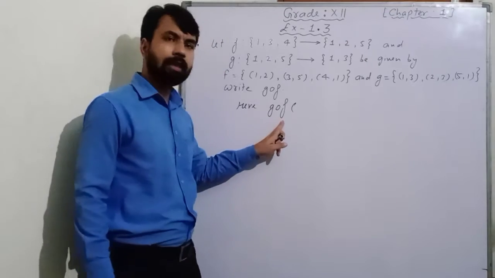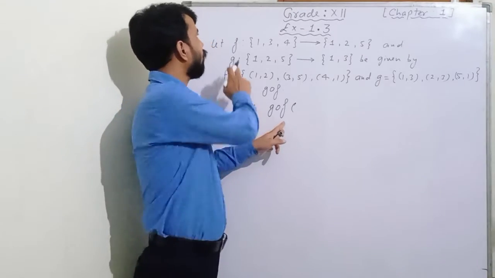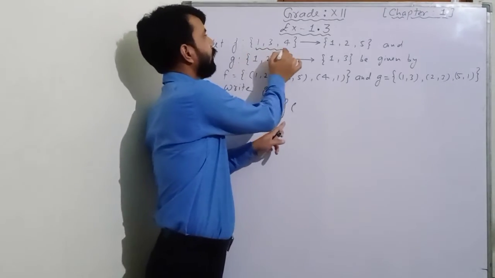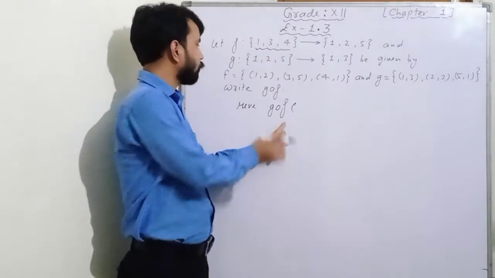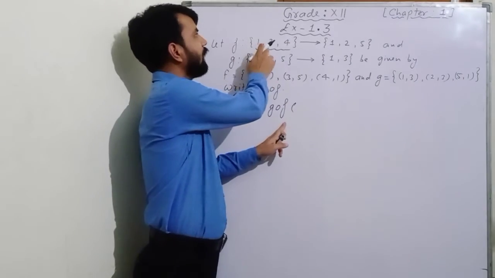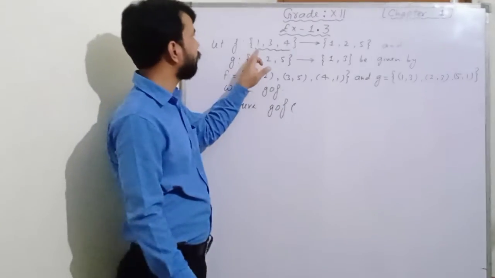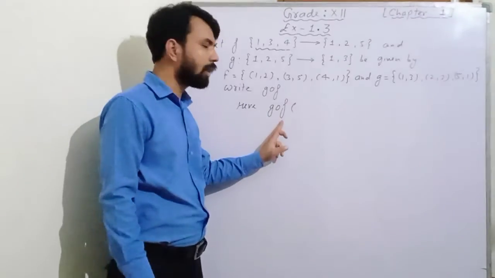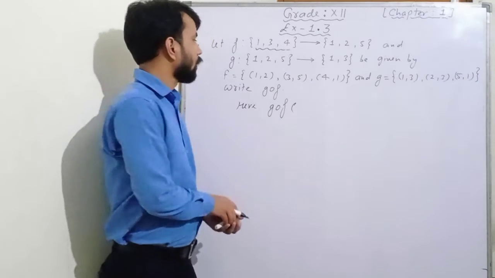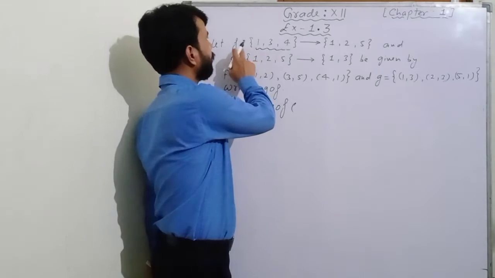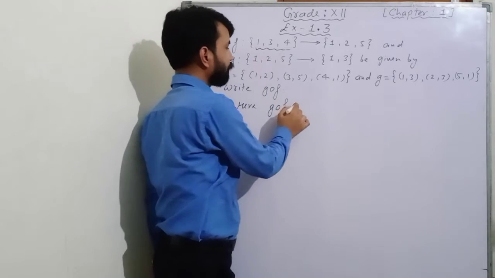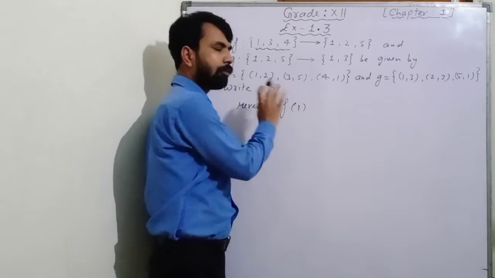The last function is f and the domain of f is 1, 3, 4. So we have to find GOF for every element of f because f is the last function. The very first element of the domain of f is 1, so we write GOF 1.